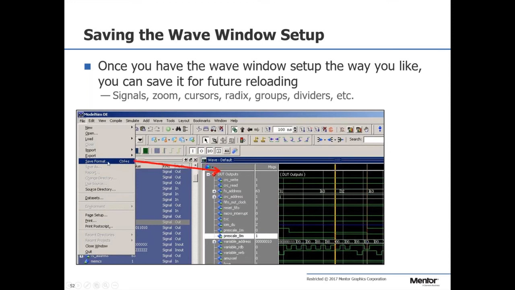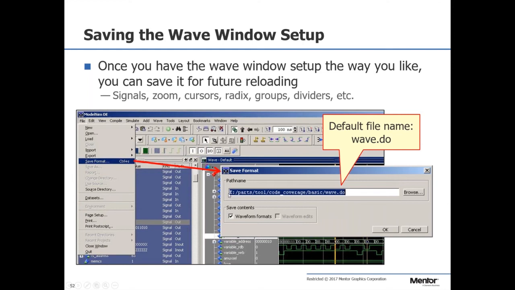If I click Save Format, it will save in my working directory by default a file called wave.do. I can name that anything I want, but the default name is wave.do. That's going to save all of the wave format information into that file.